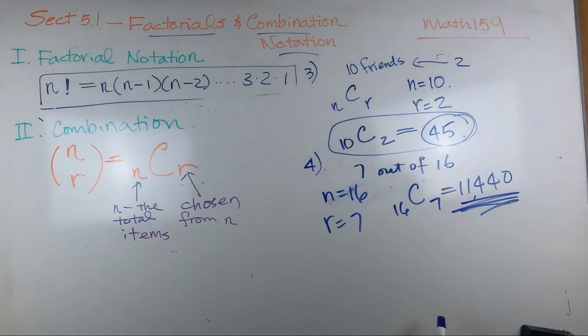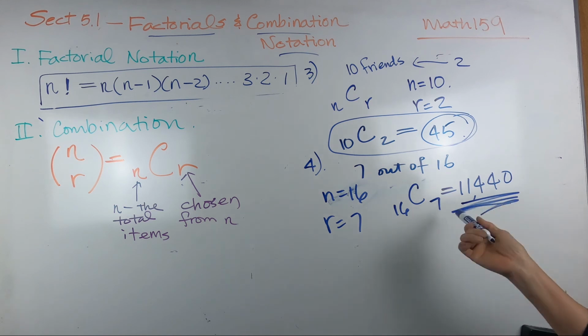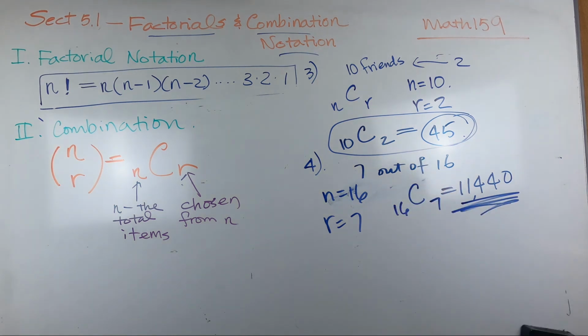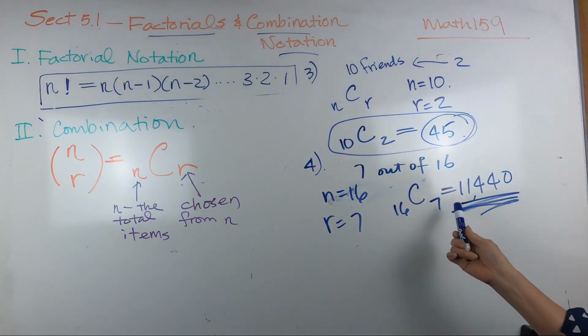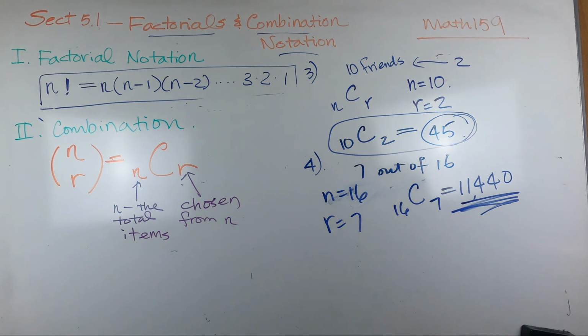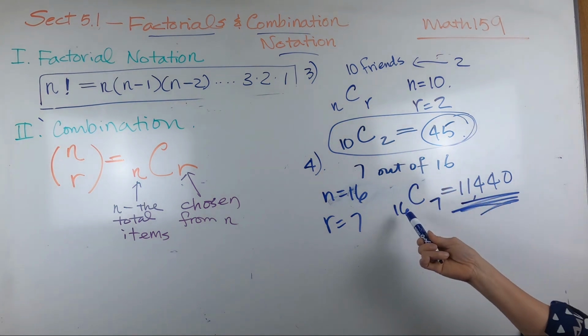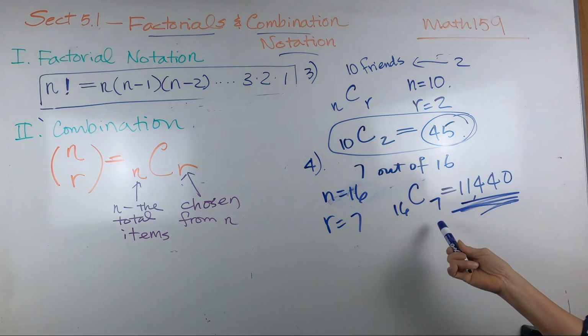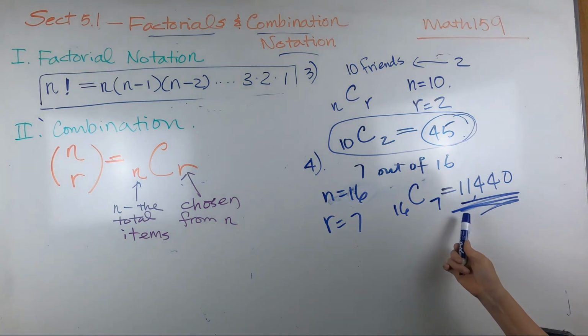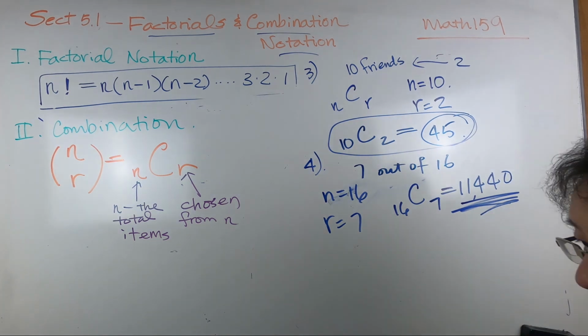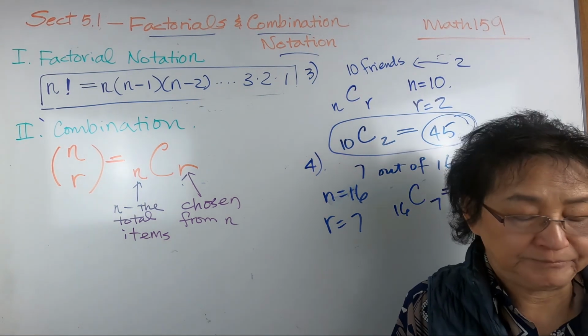Actually, who cares? You don't actually figure out the options, you just pick 7, right? This is just a simple example. But when it gets to complicated situations, like winning the lottery, or you make certain decisions, you use probability instead. You will figure out what kind of options you want out of how many options. So you have to figure out the total options you might have before you make decisions.